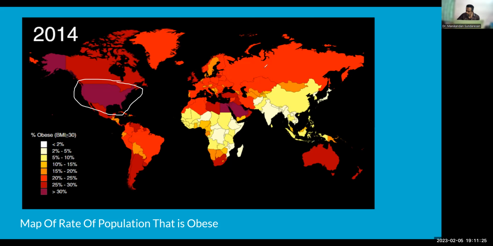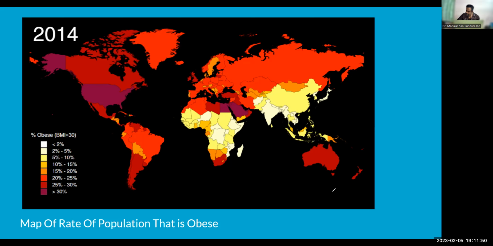The main concern is the childhood obesity rate: nearly 33% of the child population is obese in the US. That's a concern because these children are young and they have these obesity rates.